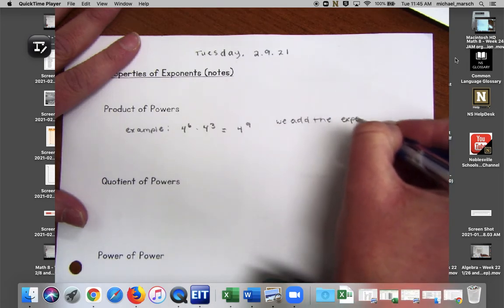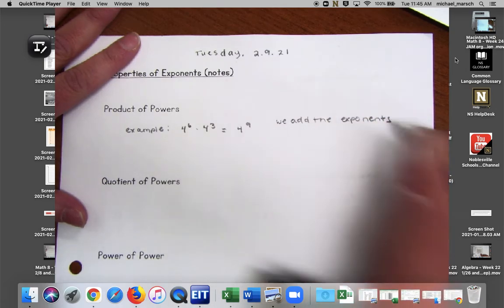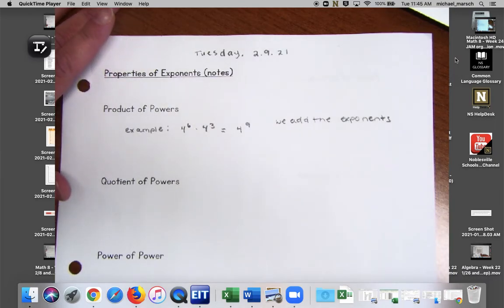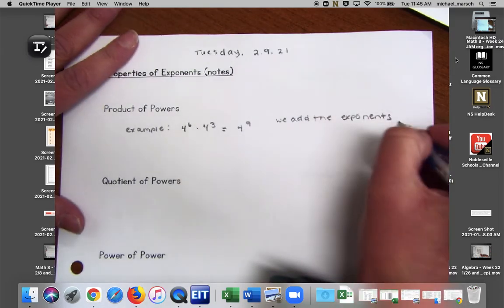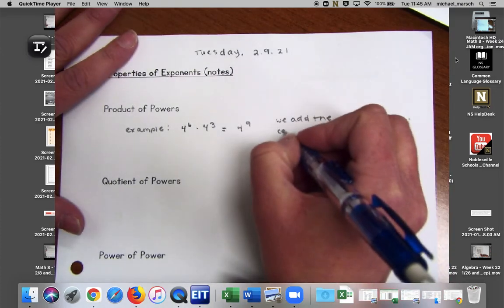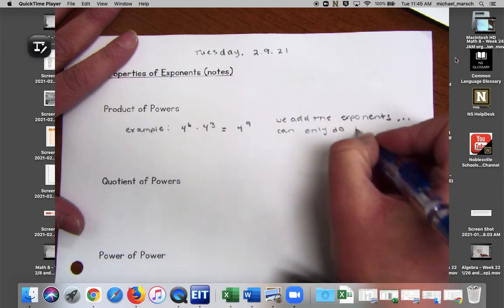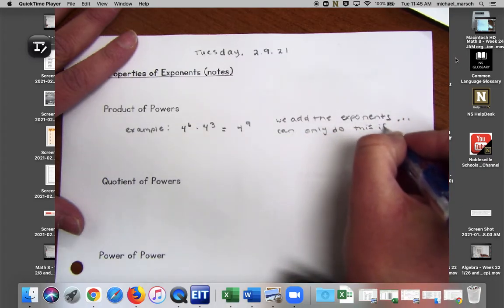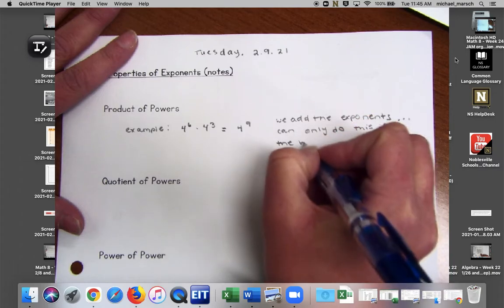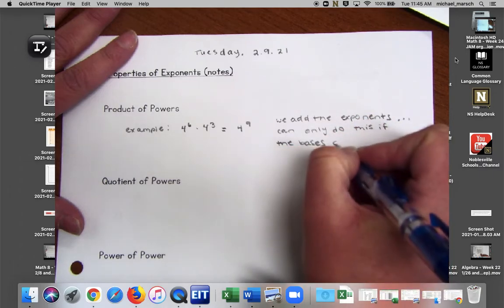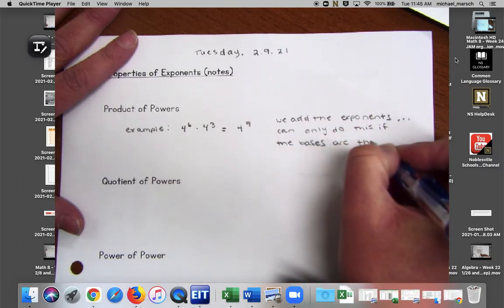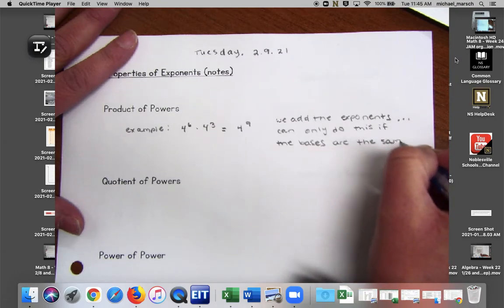And there's a catch. You can only add the exponents if the what are the same? The base is the same. So these are all shortcuts, but they only work if you have the same base.